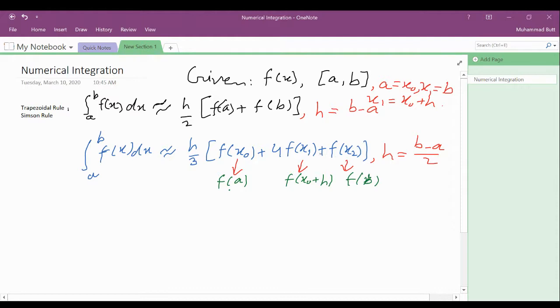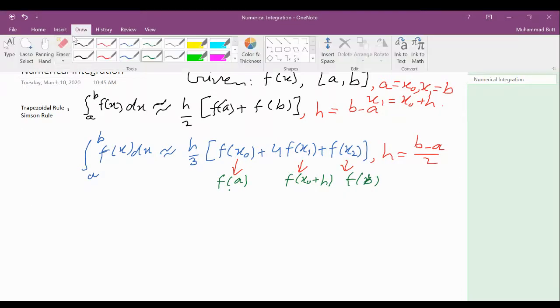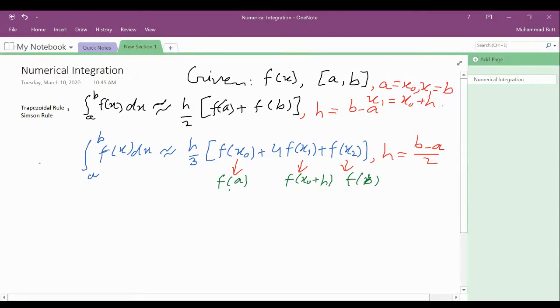Okay, so now we have seen at least what the formulas for the trapezoidal and Simpson rules are. Now the question is how we will solve the questions. For example, in the book we have example number one, if I remember correctly.